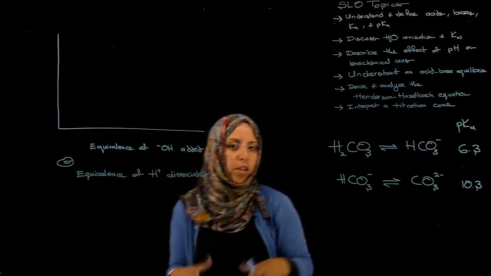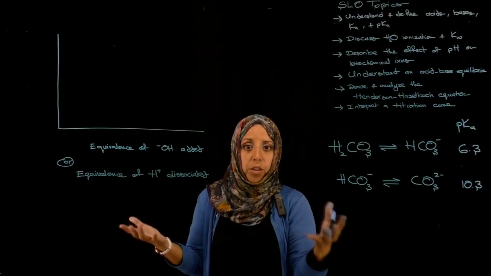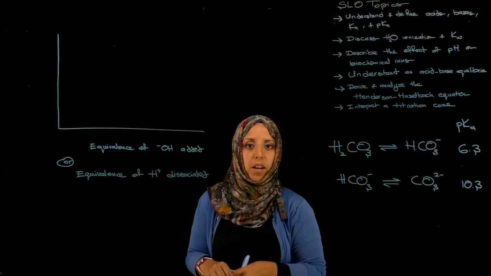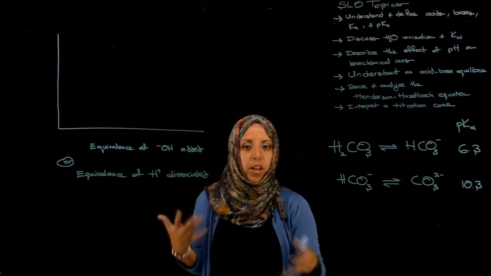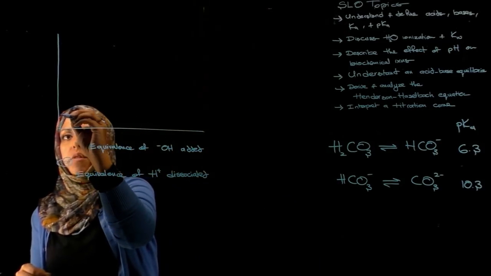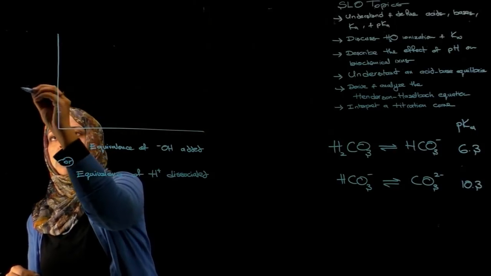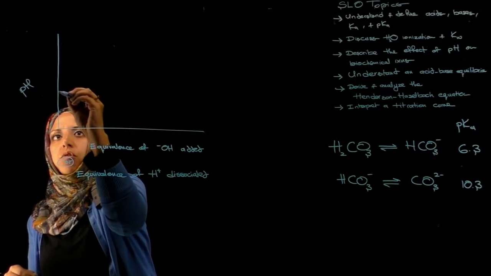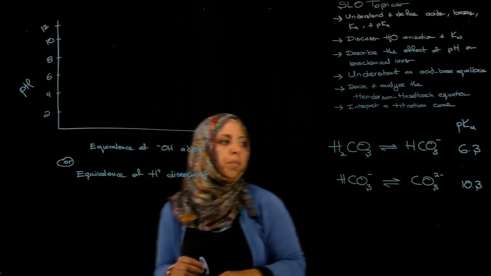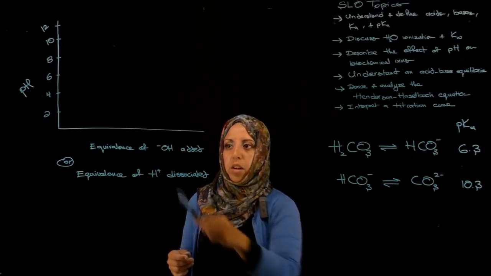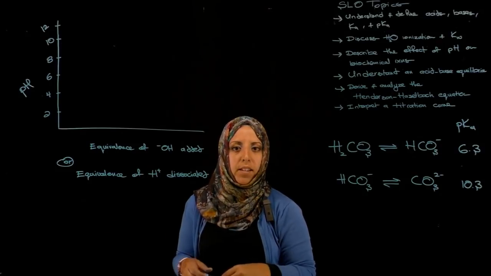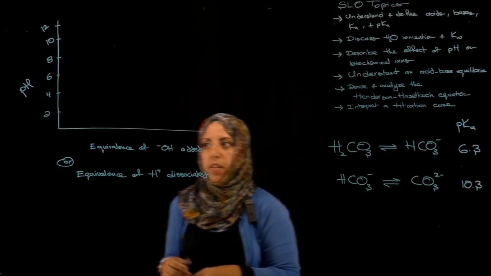So in other words, we're looking at how many protons dissociated, or how many equivalents of hydroxide ions we're adding in solution. So that is against pH because we're titrating, so we're changing the pH of the solution. So, pH. All right. Well, it has 2 different pKa values, right? So it has 2 acidic protons. So we're going to need 2 equivalents of base to completely deprotonate the acid.